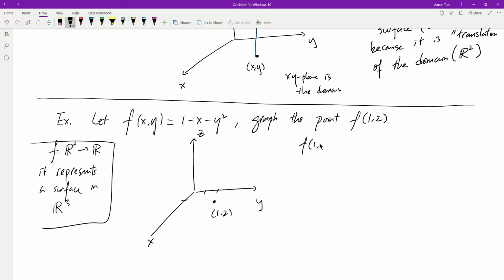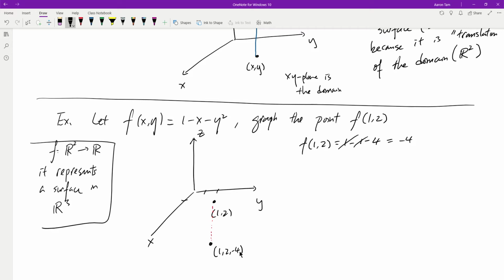And then now let's figure out what f of 1, 2 is. f of 1, 2 would equal 1 minus x minus, or 1 minus 1 minus 2 squared, which is 4. So 1 minus 1 is 0, so therefore it's negative 4. So what you do is you take this point and you count down 4. And now you can identify this one point. There you go. That is the point 1, 2, negative 4.